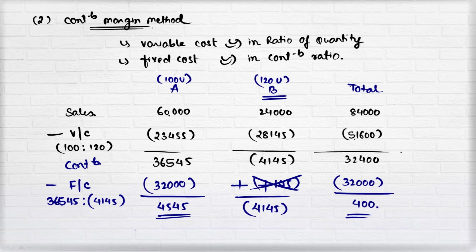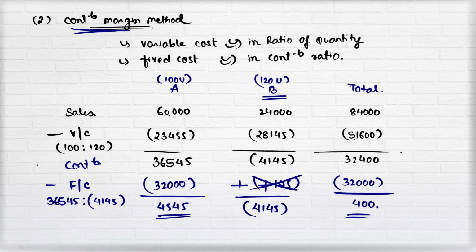I hope it will be easy for you if the contribution of both the product was positive, right? What we will do? Variable cost in quantity and fixed cost in contribution ratio. Why we can't divide full joint cost in contribution ratio? Can anyone tell me why this method name is contribution margin method? Then everything should be divided in contribution ratio. Why we cannot divide everything in contribution ratio? What is the technical problem in it?